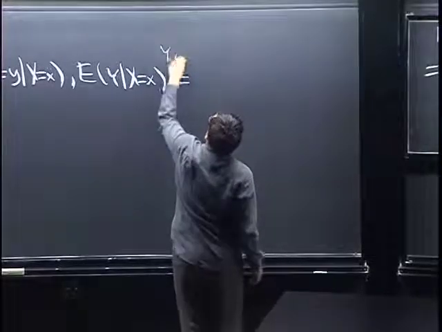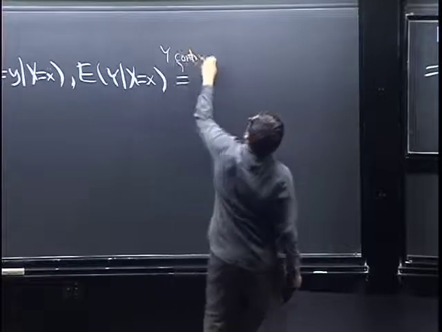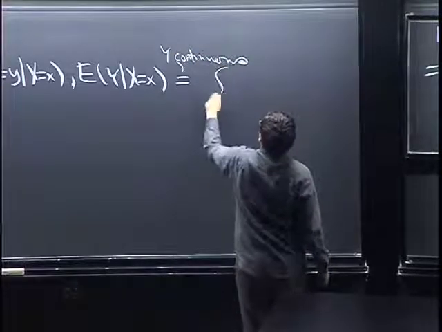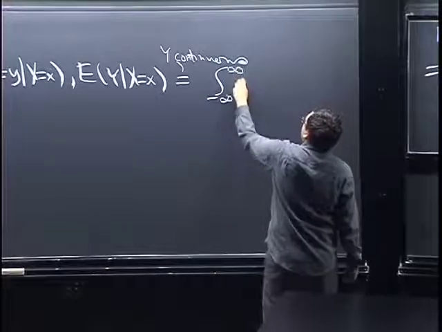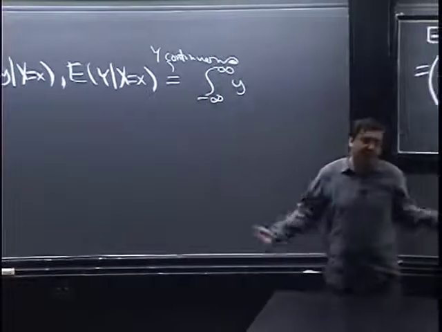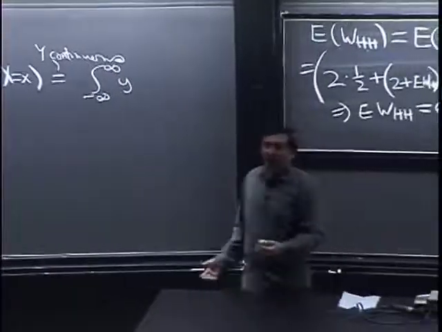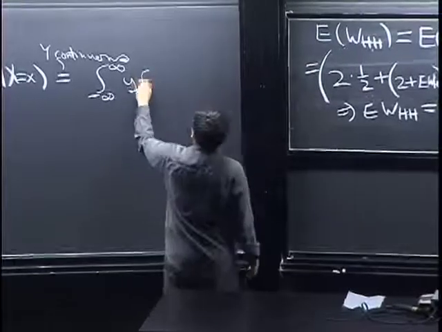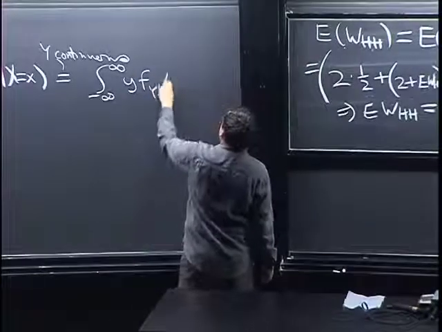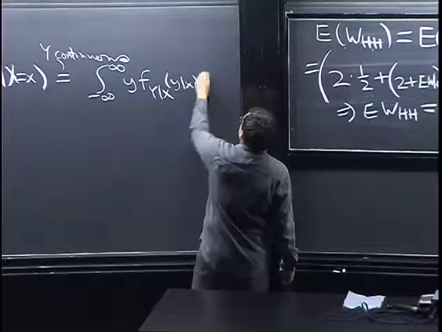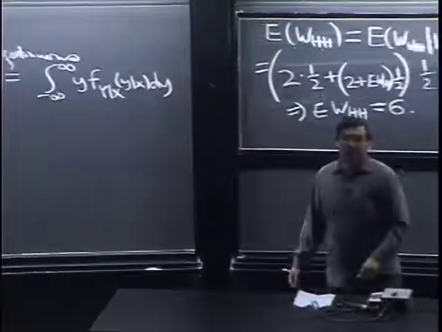So if Y is continuous, then the basic definition of expectation would be that we integrate y times the PDF of Y, and now we're just going to use a conditional PDF instead, which we might write as f of y given x, dy.